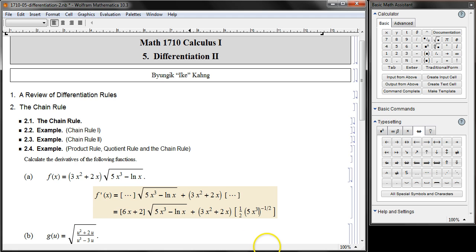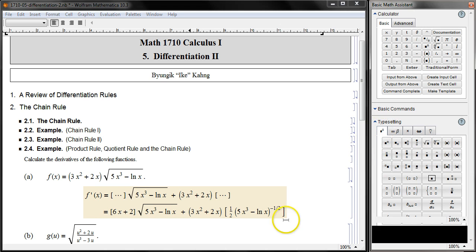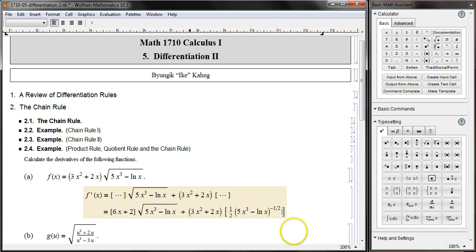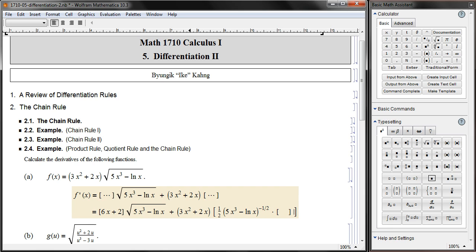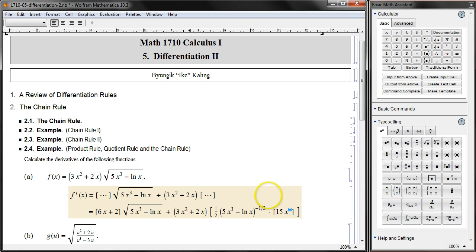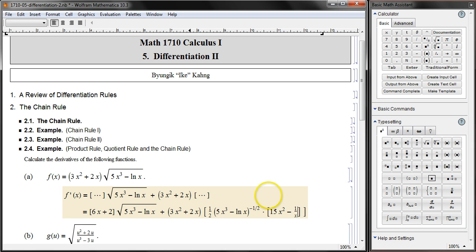5x cubed minus log of x. Okay, and then we have to multiply derivative of the inside. And if you're uncomfortable, let's just put dot dot dot and move on, but if you feel okay, just go ahead with the derivative. This is 15x squared minus 1 over x.